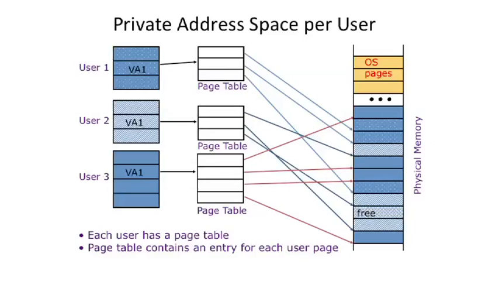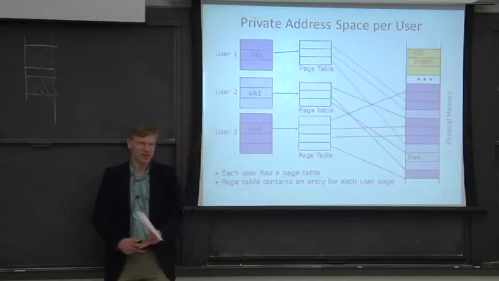So this is interesting up here. This figure here, we have OS pages. So what are OS pages? Well, the OS itself needs its own code and its own data.